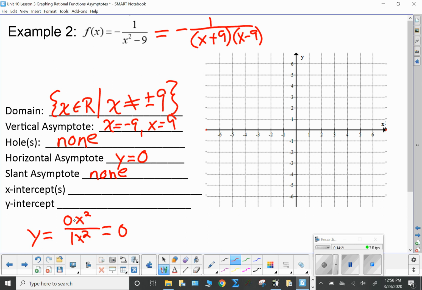Well, if I set y equal to 0, notice the numerator will never be 0, so I don't have one. If I set x equal to 0, because that's where I get my y-intercept, I'm going to have y is equal to 1 over -9, which means my y-intercept will be 0, -1/9. With all that information, I graph it.